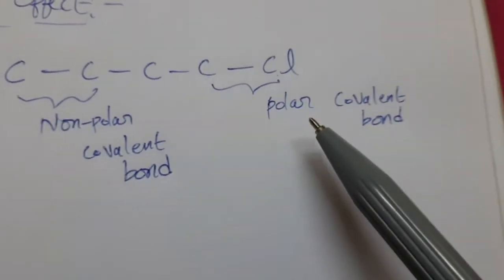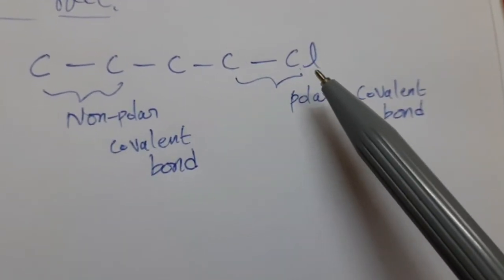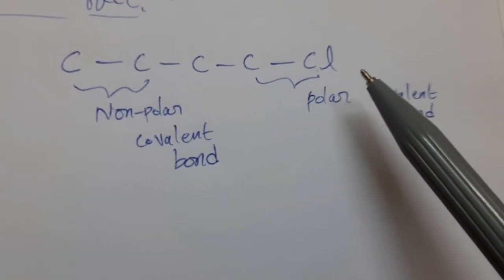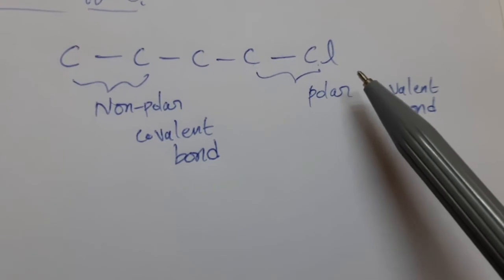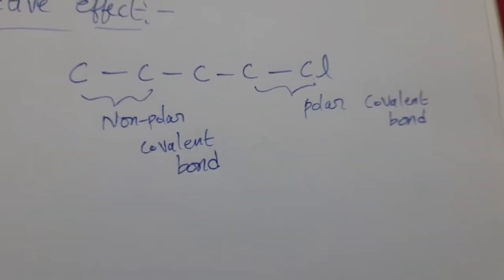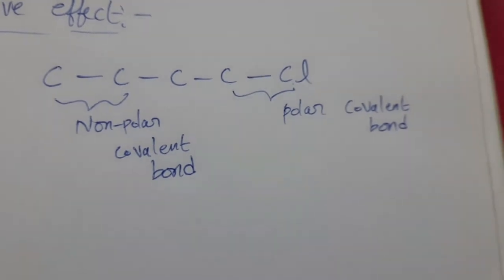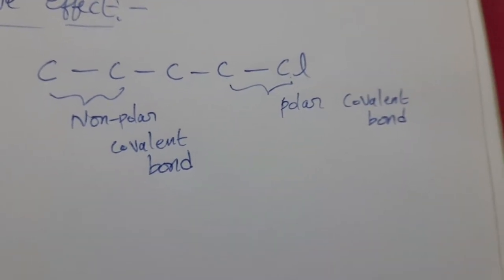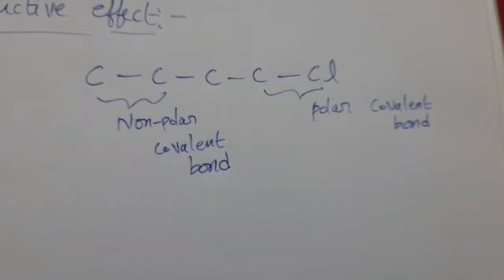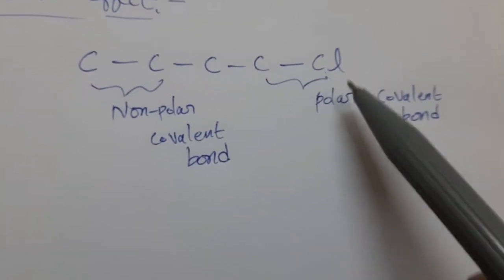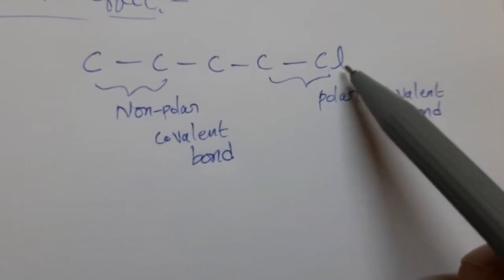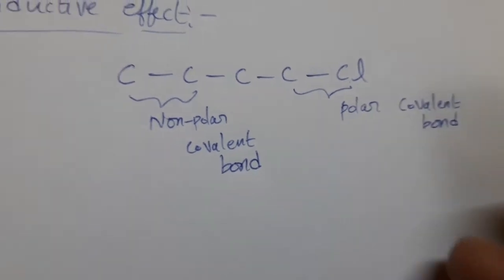Whereas polar covalent bond means a covalent bond formed between atoms of two different elements having an electronegativity difference. In this case, between carbon and chlorine, a polar covalent bond is present because chlorine is more electronegative than carbon.